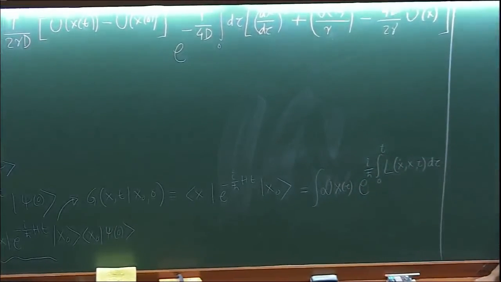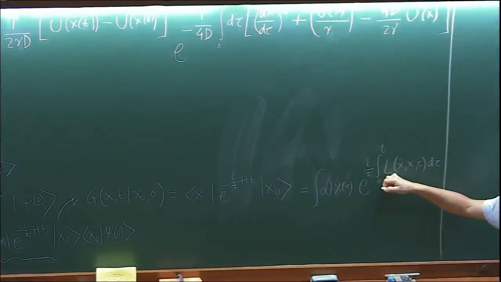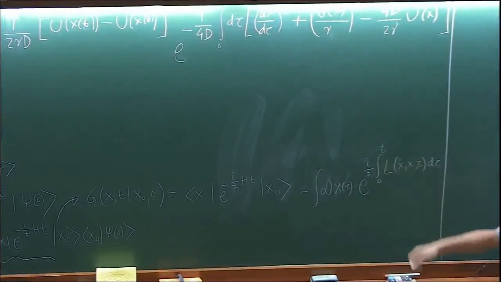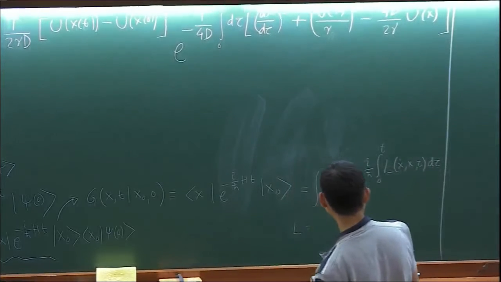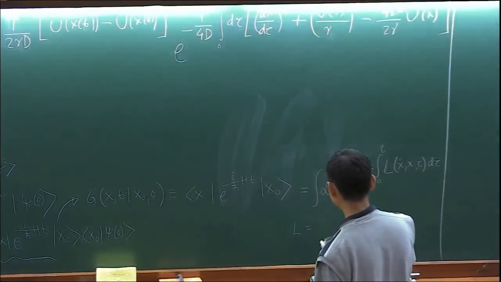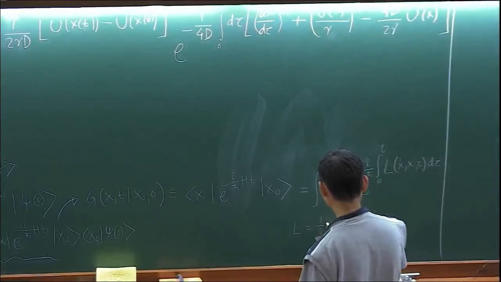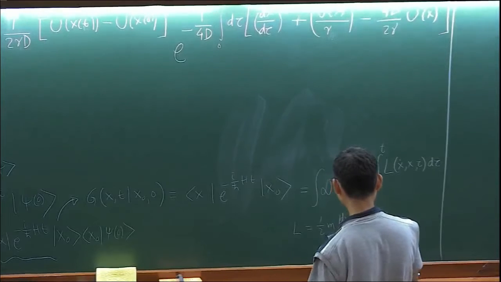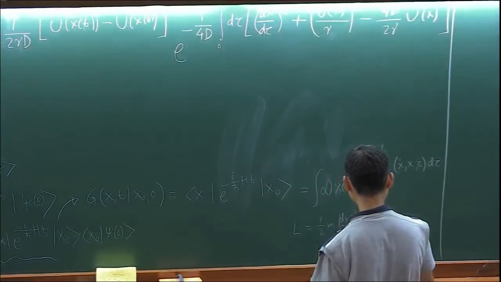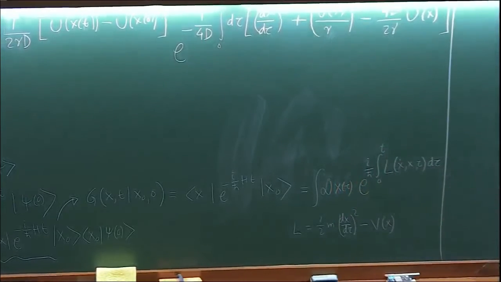This is given by this, where this is the Lagrangian. So this is the Lagrangian, which is half m dx d tau whole square minus v of x.